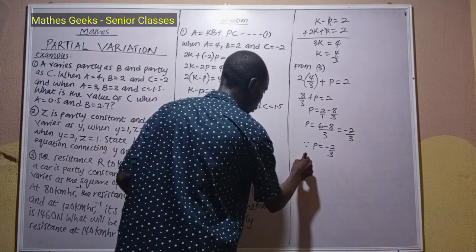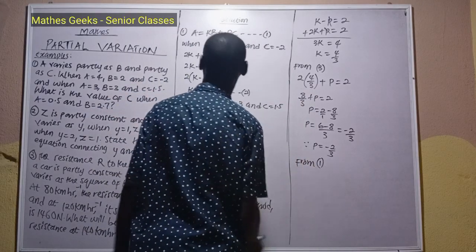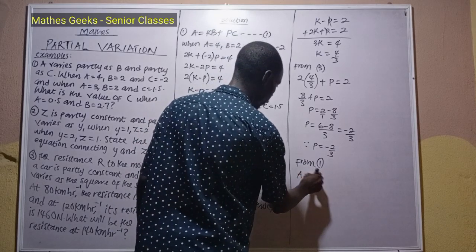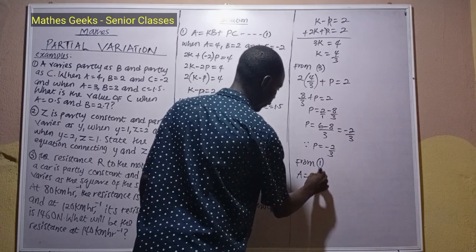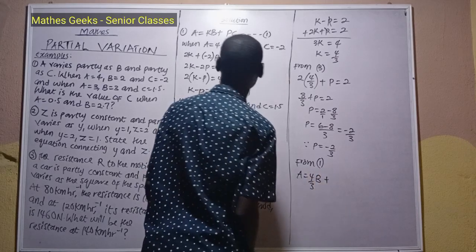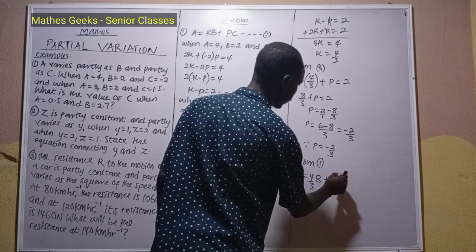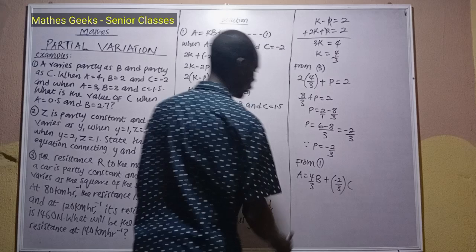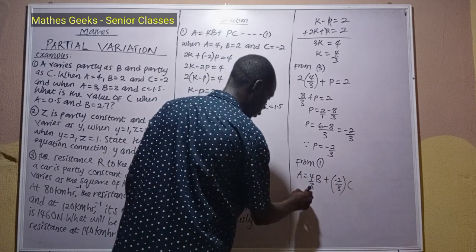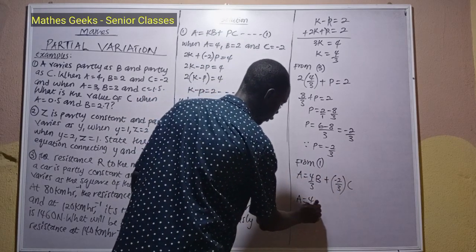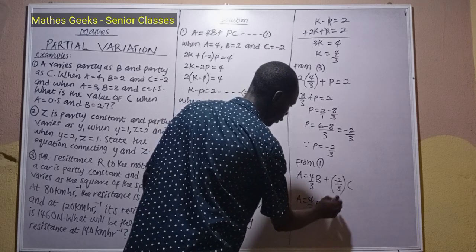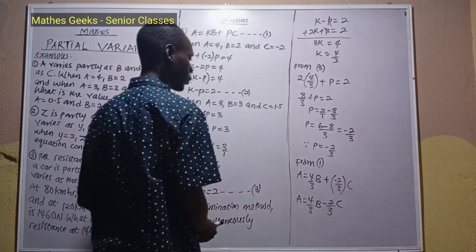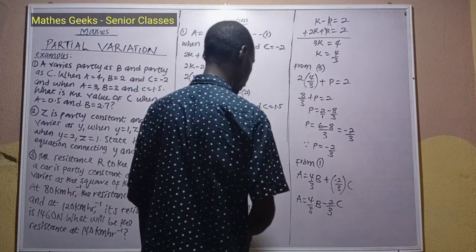So from 1, a is equal to k times 4 over 3 b plus p, minus 2 over 3 c. So a equals 4 over 3 b minus 2 over 3 c. That's the formula connecting A, B, and C together.